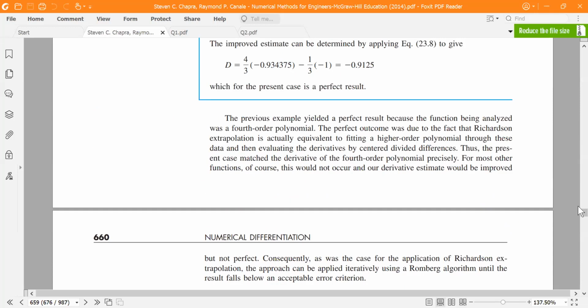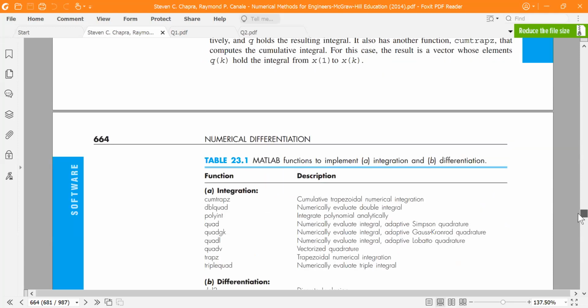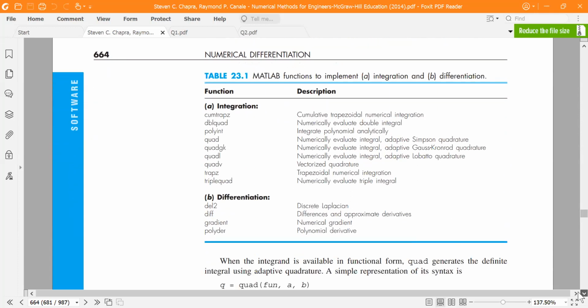Okay. Now, another issue is that if we add, for example, some further terms, then your accuracy will be further improved. Okay. So versions of the equations are there in table 23.1 for forward difference, 23.2 for backward difference, and 23.3 for central differences.